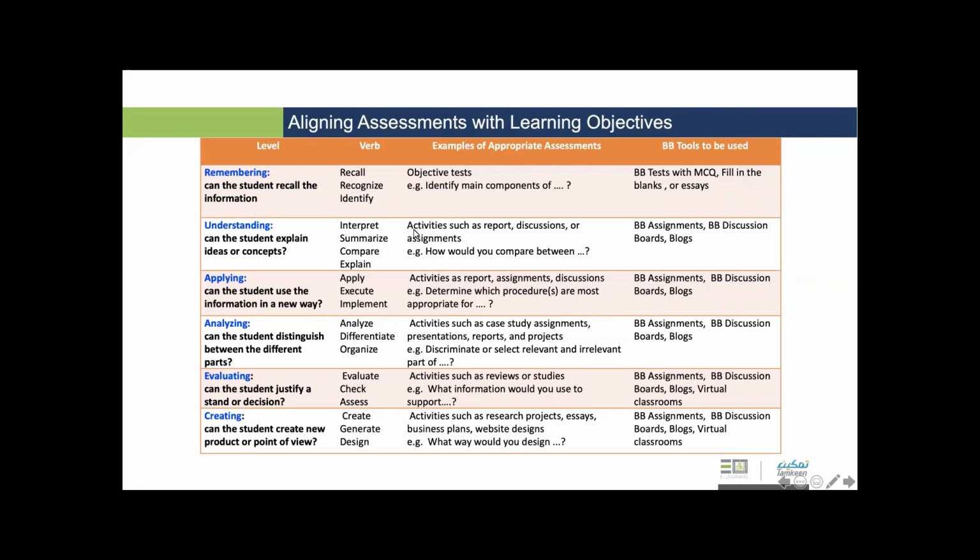Such activities like reports, discussions, or assignments, you can ask your student to use their knowledge to explain or compare between 2 things. And the Blackboard tools available for this type of assessment are assignment and discussion board.